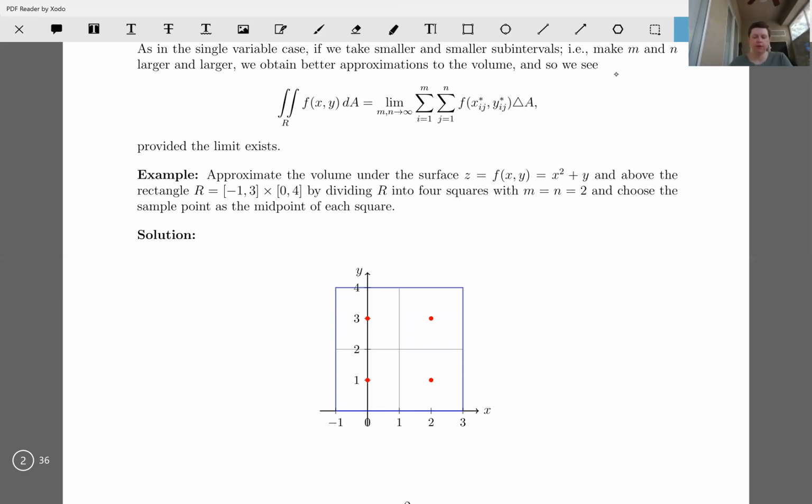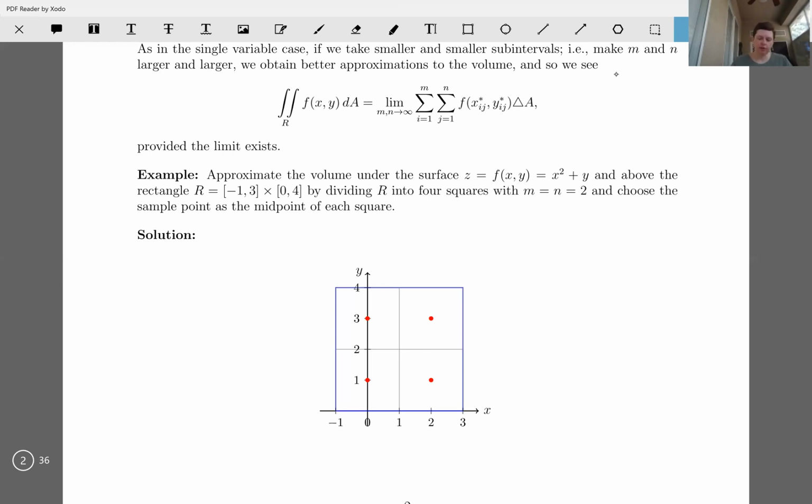Okay, so we're going to approximate the volume under the surface z equals f of x, y equals x squared plus y, and above the rectangle R equals [-1, 3] by [0, 4], and we're going to divide our rectangle into 4 squares with m equals n equals 2. We'll choose the sample point as the midpoint of our squares.